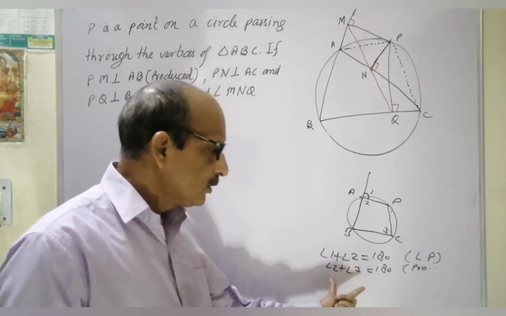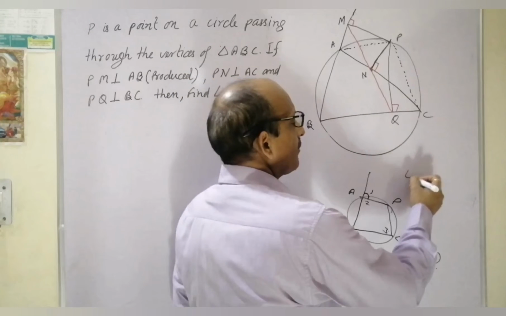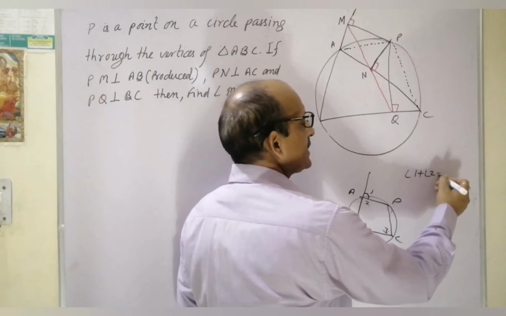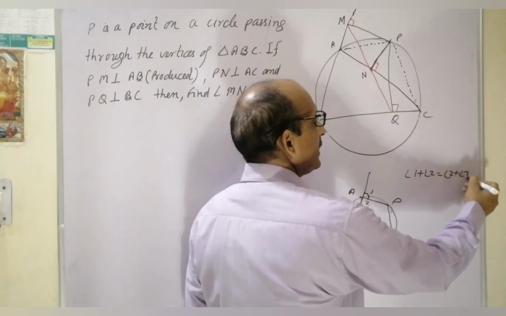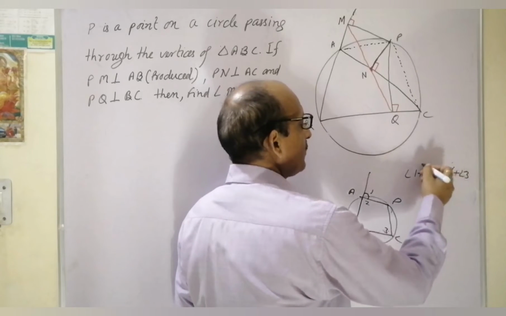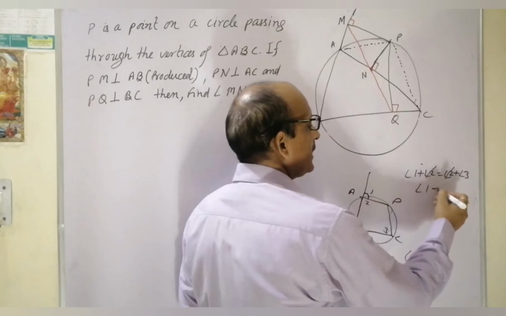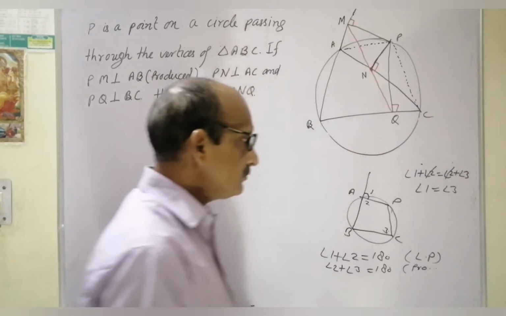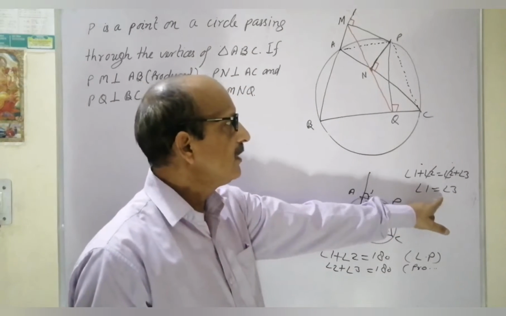So we can write angle 1 plus angle 2 is equal to angle 2 plus angle 3. Angle 2 gets cancelled from both sides, so we have angle 1 is equal to angle 3.